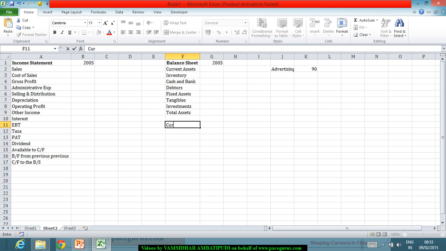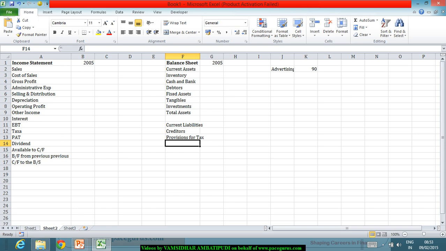And on the liabilities also I have current liabilities, wherein creditors, which are the accounts payable, provisions for tax. So a few more things, if at all they are there. So this is what is contributing to the current liabilities.